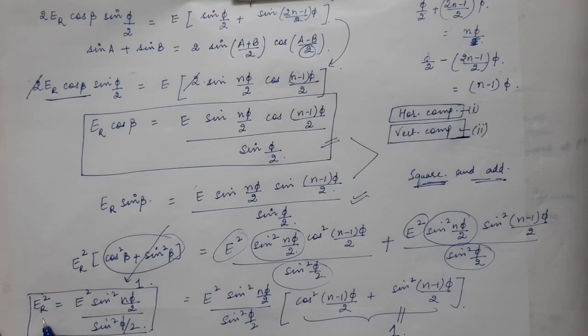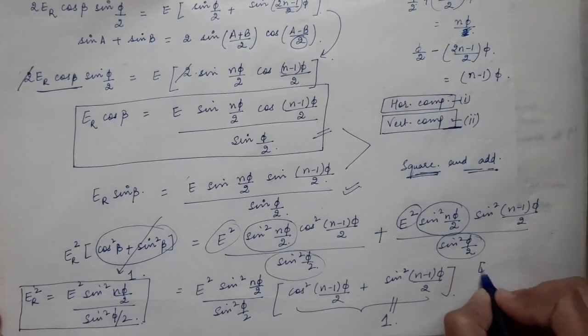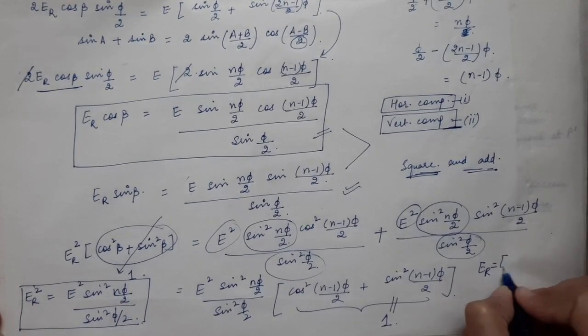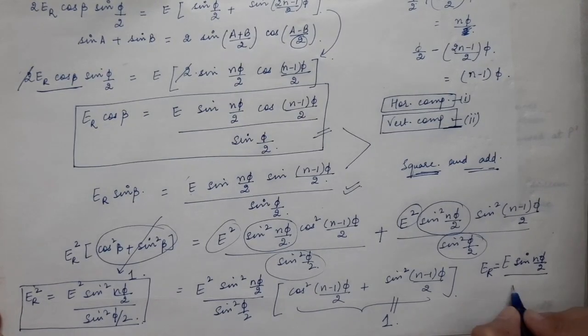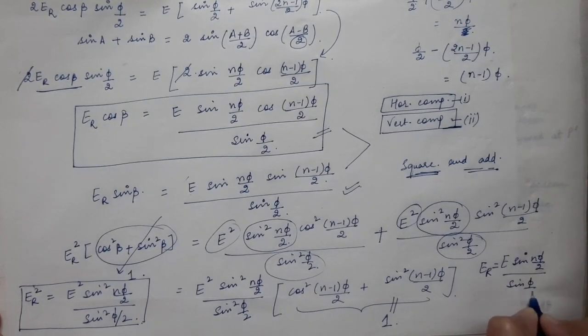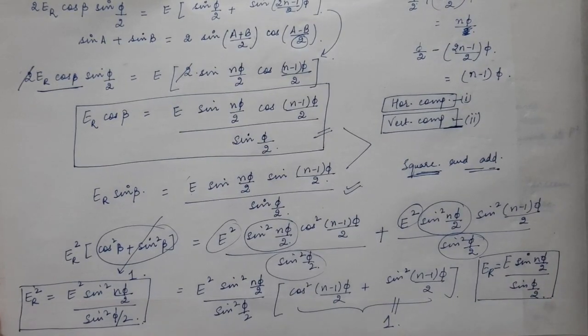ER is nothing but the amplitude of the resultant wave, and ER will be equal to E sin n phi by 2 divided by sin phi by 2. So this is the amplitude of the resultant wave.